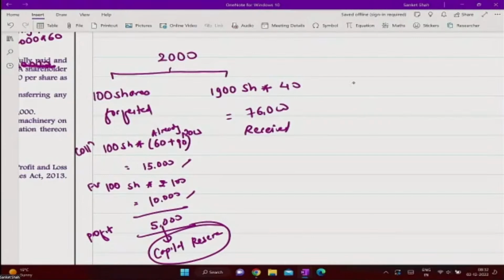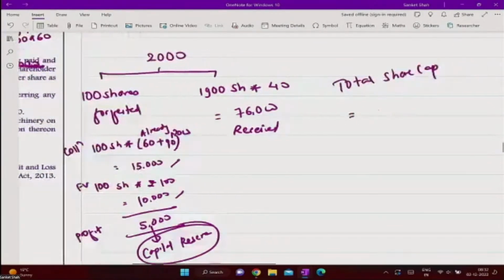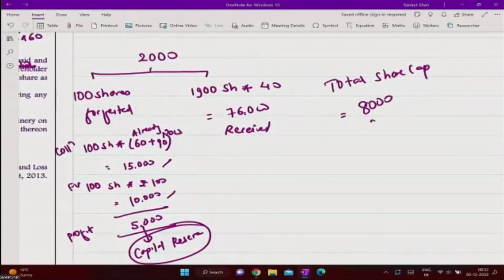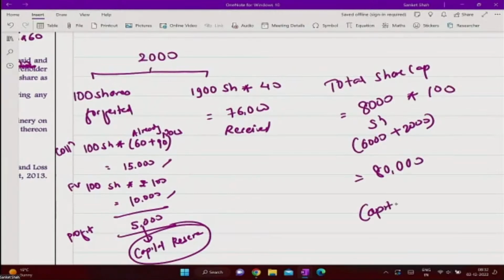And now total share capital is equal to 6,000 plus 2,000, 8,000 shares, 6,000 plus 2,000 into 100, and capital reserve 5,000.